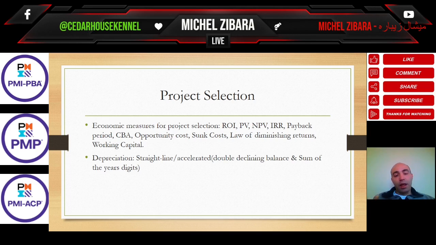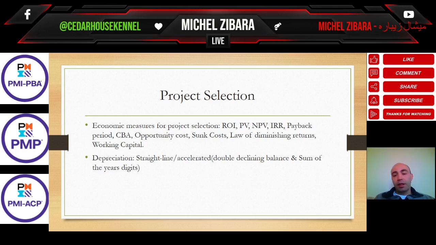So we have straight line and accelerated types of depreciation. Straight line is a constant. I know every year at the end of the year how much it's depreciating. Accelerated is not a constant. It's a fluctuating, or non-constant, value of depreciation after the end of every year.